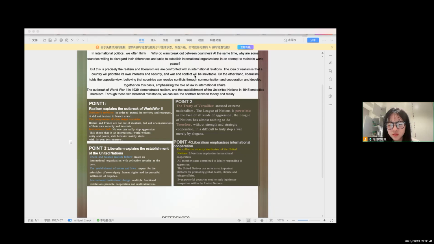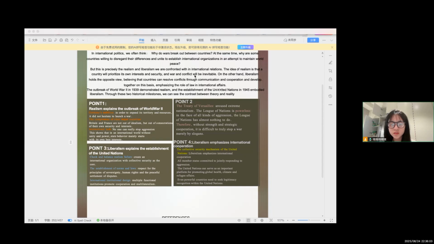The security mechanism of the United Nations matches liberalism's international cooperation. All member states committed to join the response to aggression.